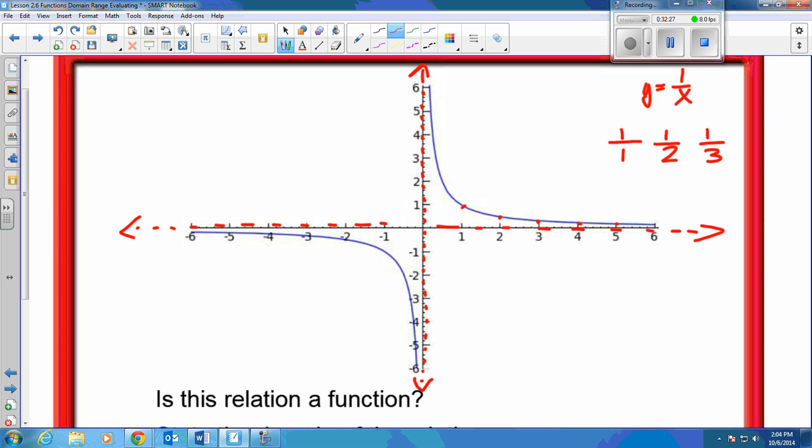Now, if I get close to the x-axis, I'm getting 1 divided by 0.5, 1 divided by 0.05, 1 divided by 0.005, and these values are getting closer and closer to infinity. So if I read this from left to right, if I'm following my graph, what's the lowest x value that this graph will have?